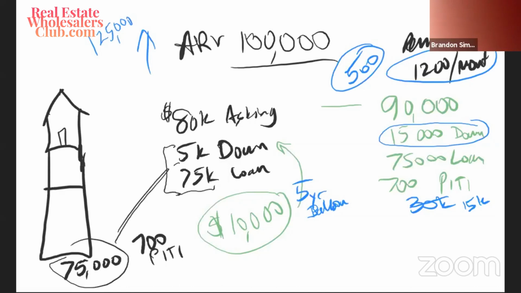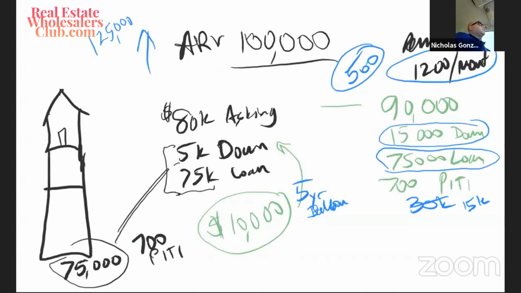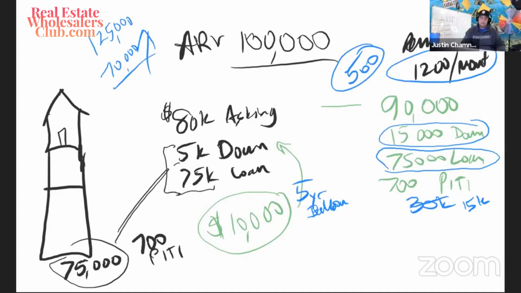And do you think this loan balance goes up or it goes down in 5 years? Goes down. So let's say it just goes down maybe 5,000, not a whole lot. So let's say the new payoff is 70, right? So now what's the difference between 125 and 70? 55,000.